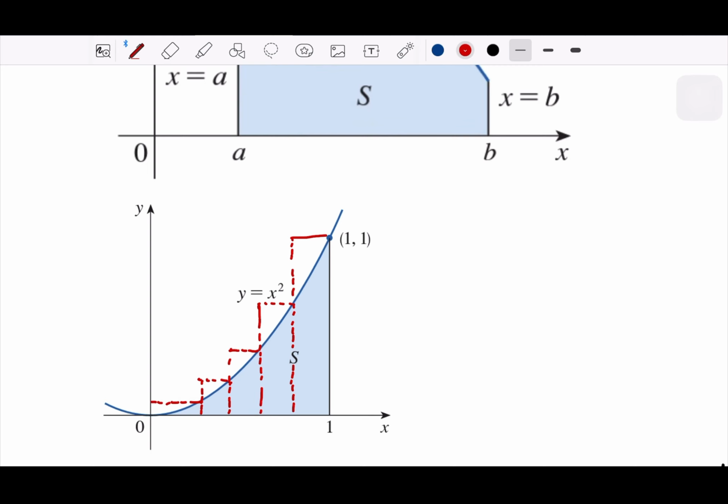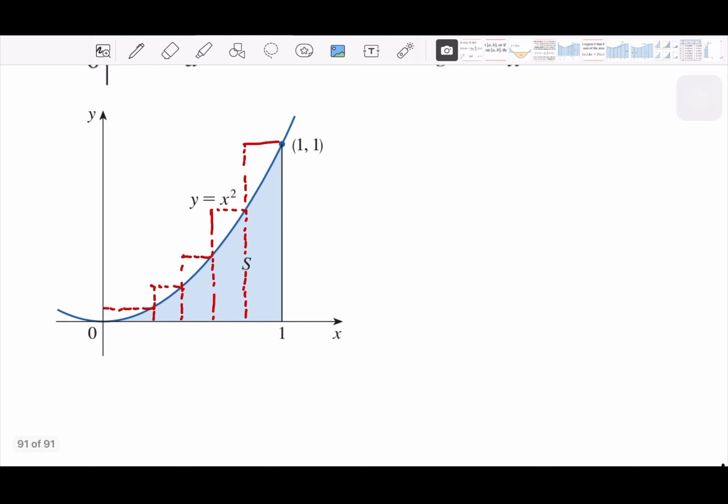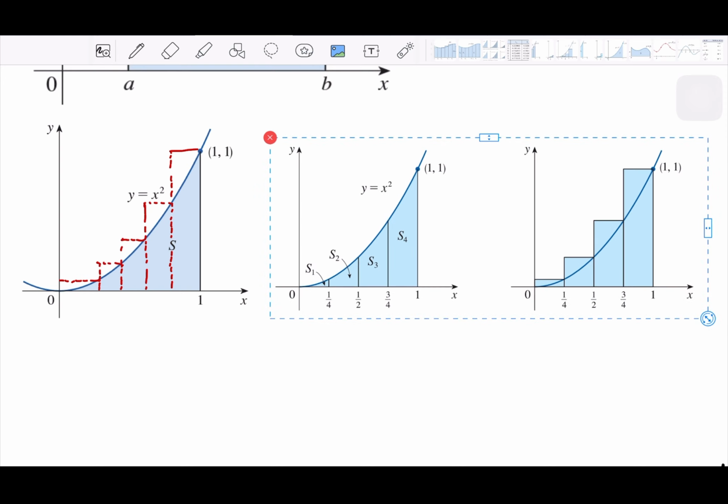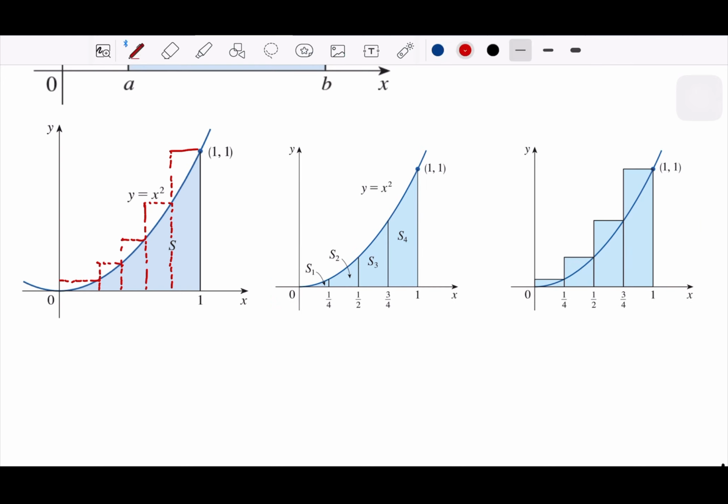So if we can approach this distance, the small distance here within this rectangle, then the total area is just this small distance multiplied by the y distance here, plus all the other rectangles, and that's our area, right? That's our area. So we could think from that process. And we are going to have a break for a while.